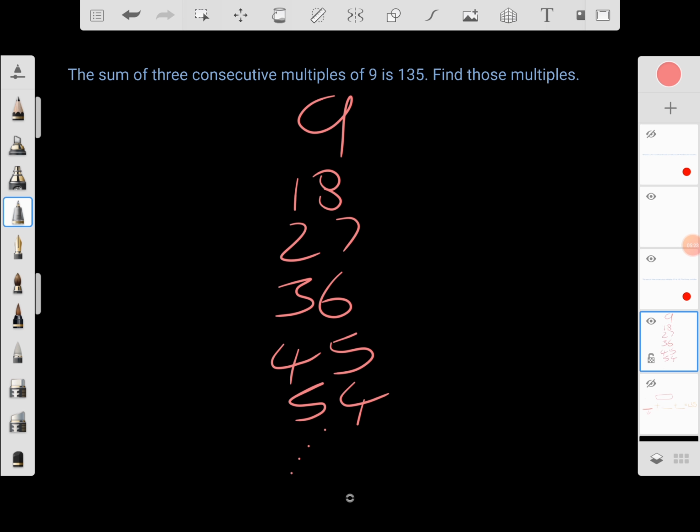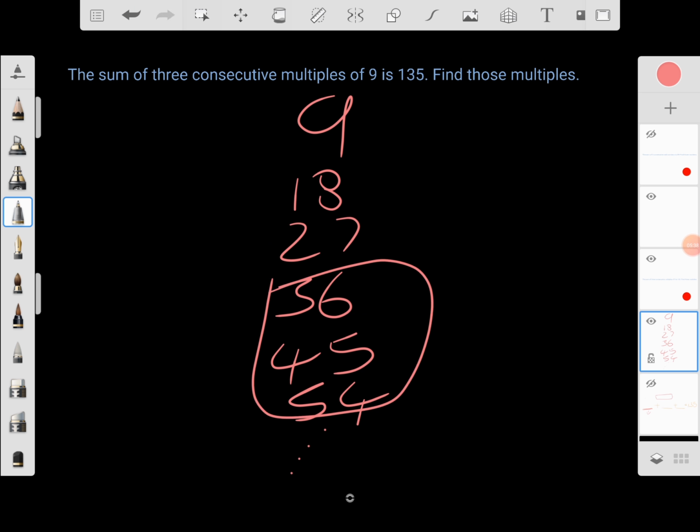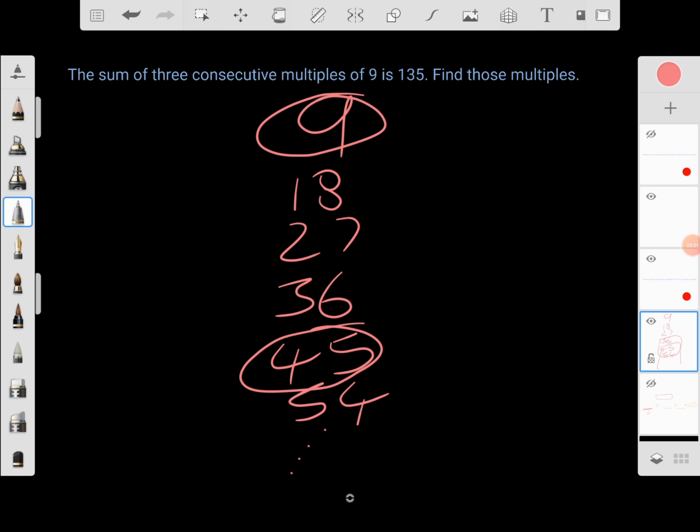When I say 3 consecutive multiples, I need the 3 of them together. It could be these 3, or these 3, or the next 3. It could be any 3 multiples of 9 which are together, next to next. It cannot be this number, then this number, then some other number. It should be together. That's what consecutive means, next to next. I hope you understood the meaning.